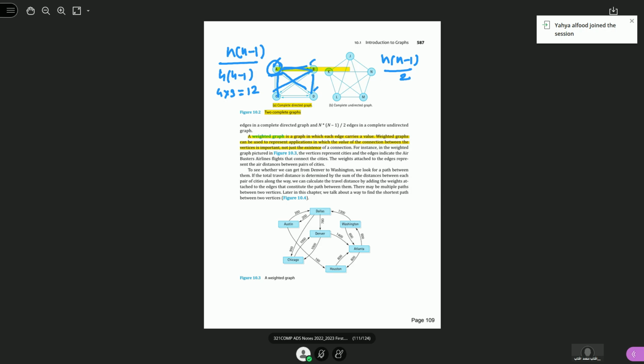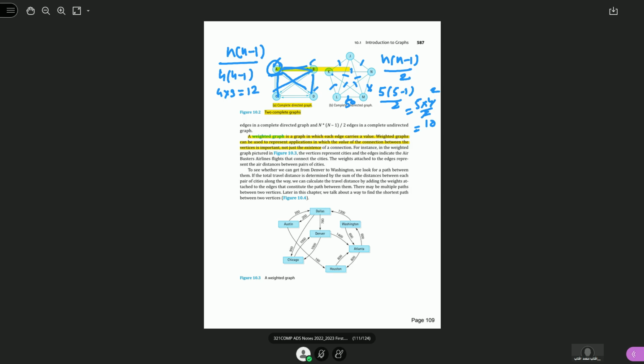Okay. Here 1, 2, 3, 4, 5. 5 nodes, so 5 into 5 minus 1 divided by 2. That becomes 5 into 4 by 2, that is 10. You can count here 1, 2, 3, 4, 5, 6, 7, 8, 9, 10. Total number is 10. Then weighted graph. If you put any number here, 50, 60, 70, this is called a weighted graph. Okay.